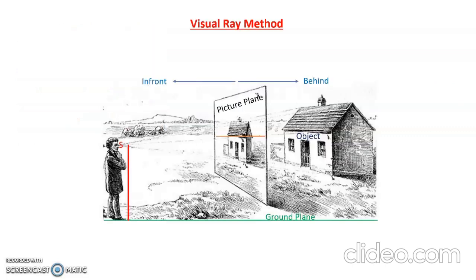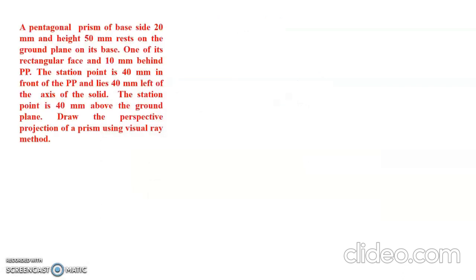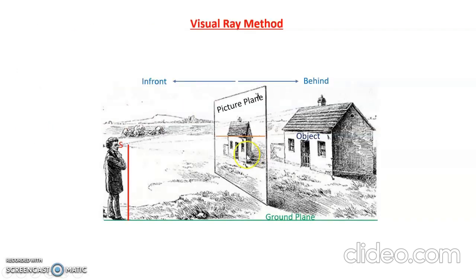As I said, this object is 10 mm behind the picture plane, and the station point is 40 mm in front of the PP and lies 40 mm left of the axis of the solid. First, it is 40 mm from the ground.